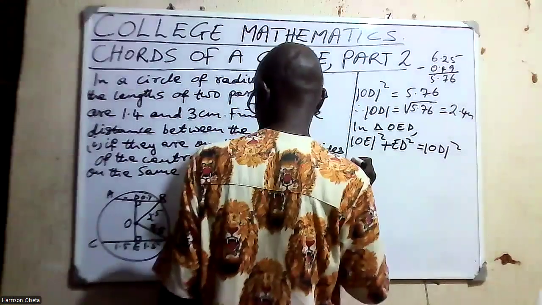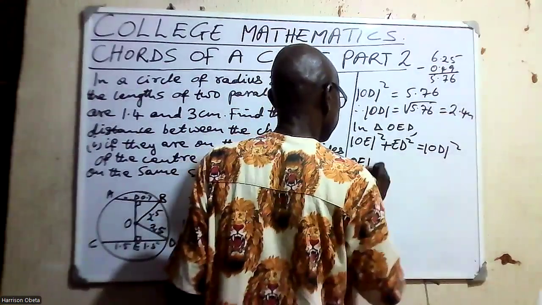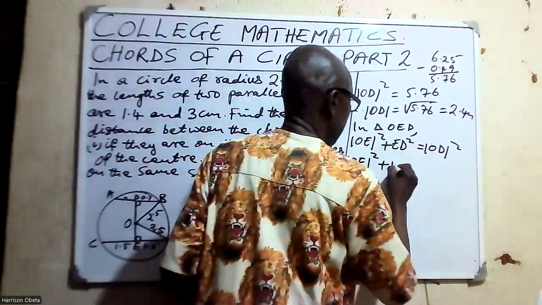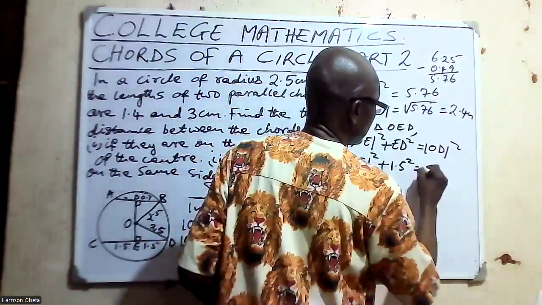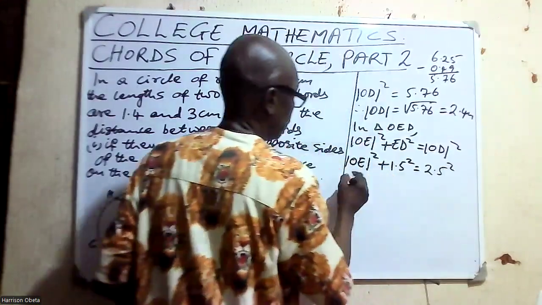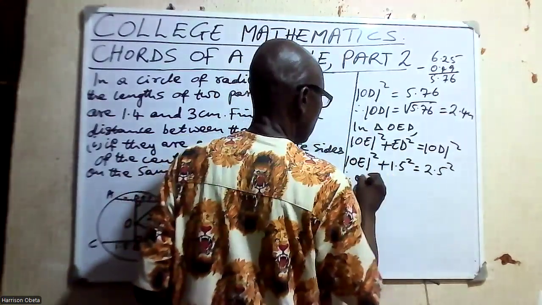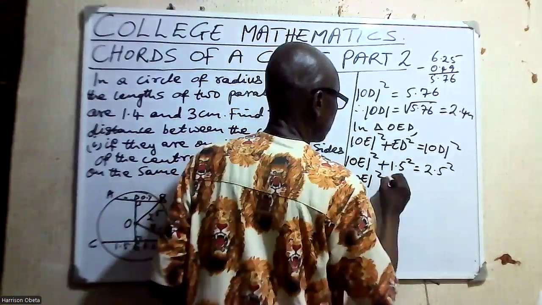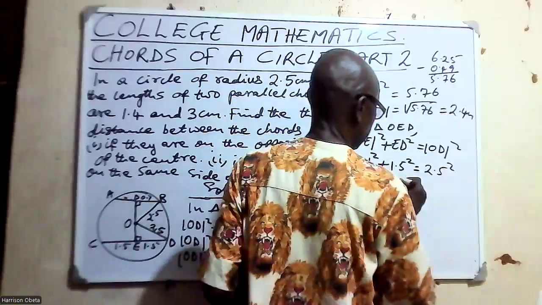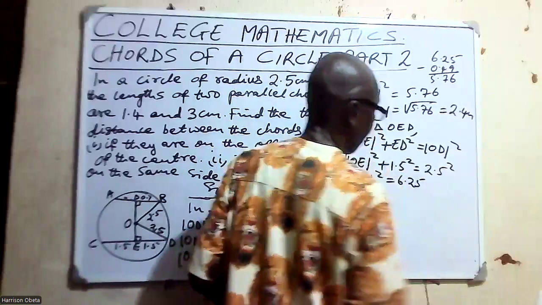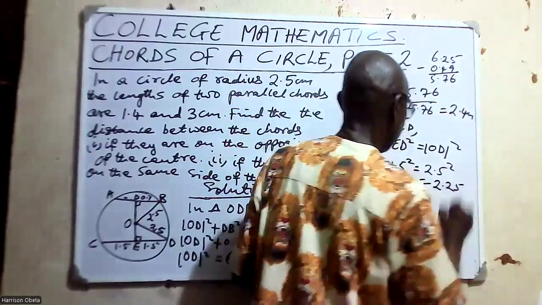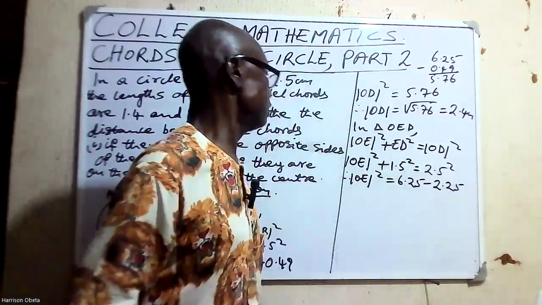So OE squared plus 1.5 squared is equal to 2.5 squared. Therefore, OE squared should be 6.25 minus 2.25, that is if you square this and square this.